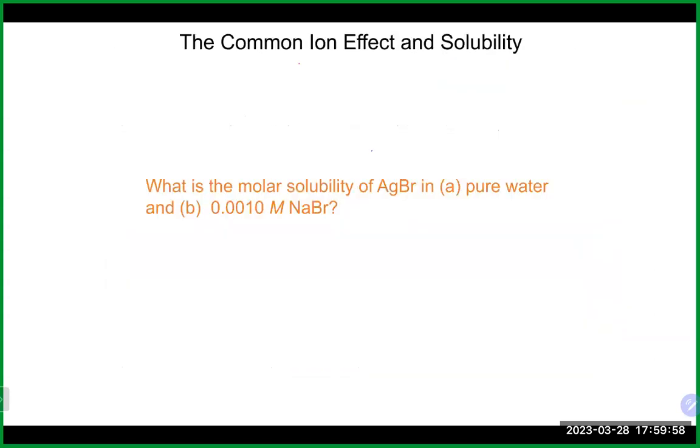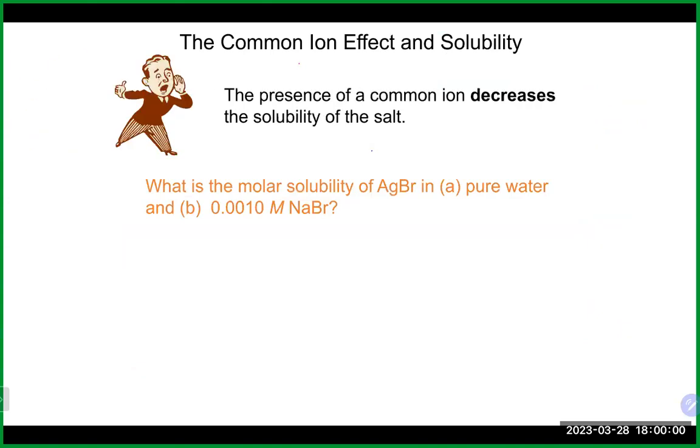Okay. So let's talk a little bit about the common ion effect and the effect on solubility. The presence of a common ion will decrease the solubility of a salt. The reason for that is, as we've been talking about in all of these equilibria, solid on the left, aqueous ions on the right.